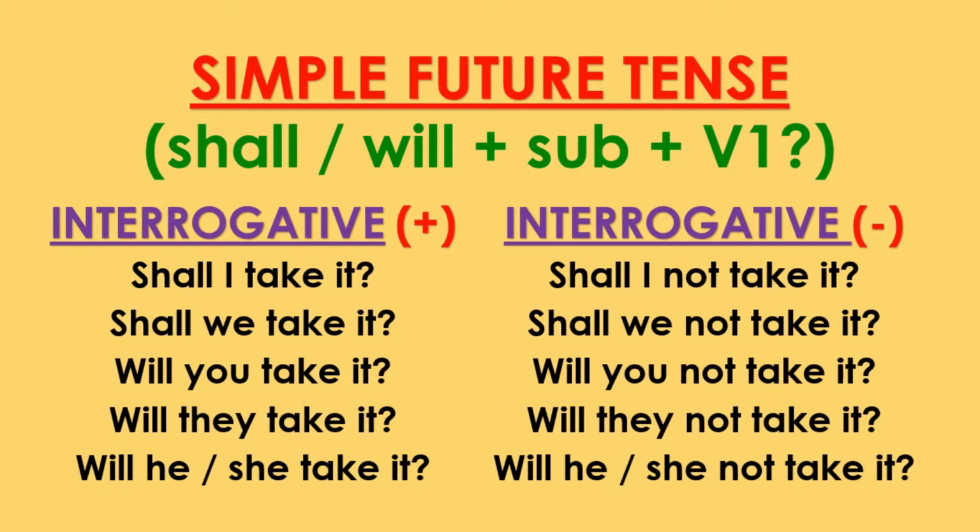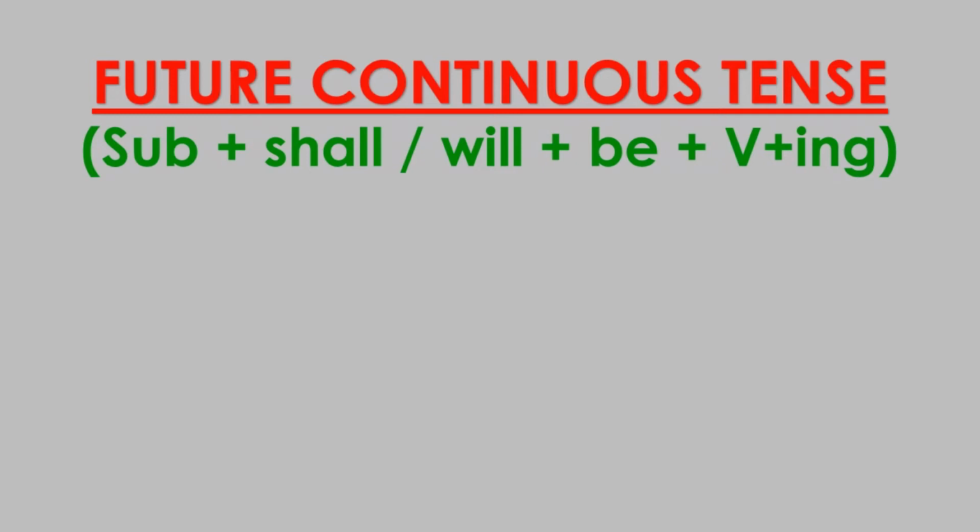Let us therefore move ahead and see how sentences are constructed in future continuous tense. Now before we go ahead, let us remember once again what is meant by the future continuous tense.